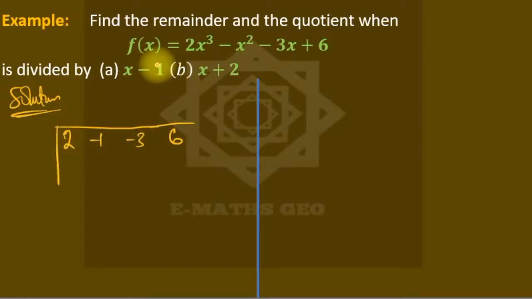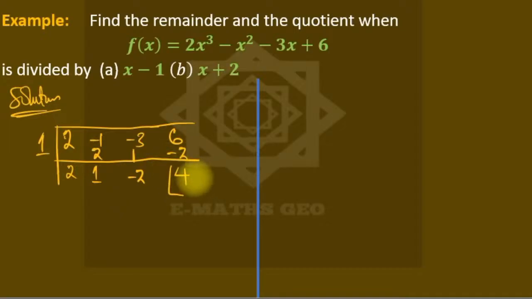What is here is minus 1, so I write plus 1. We bring down 2. 1 times 2 is 2. You add, and I have 1. 1 times 1 is 1. If you add, you have minus 2. 1 times minus 2 is minus 2. If we add, we have 4.